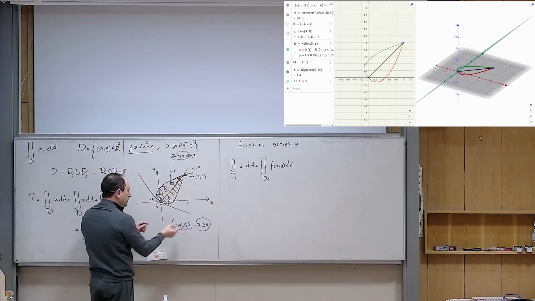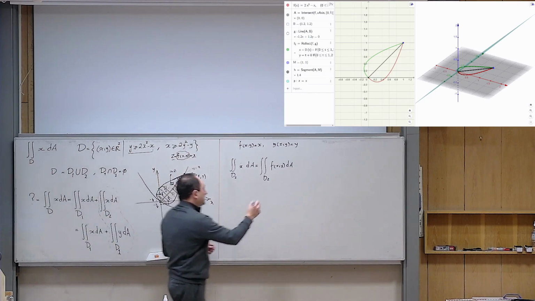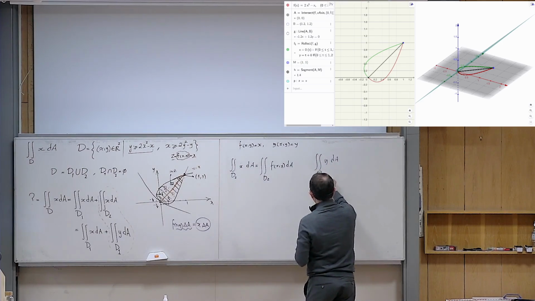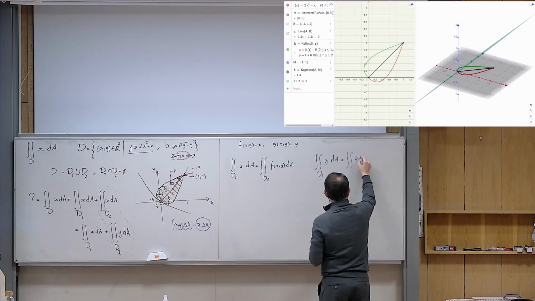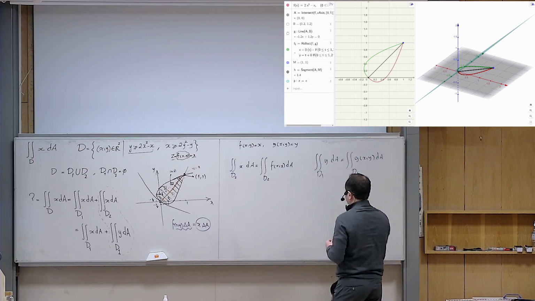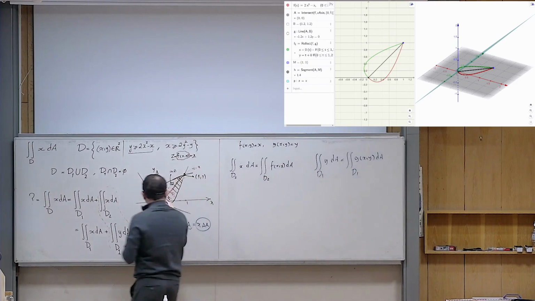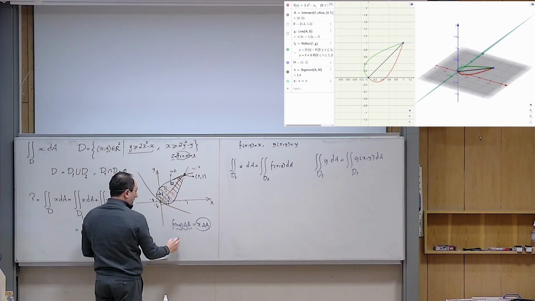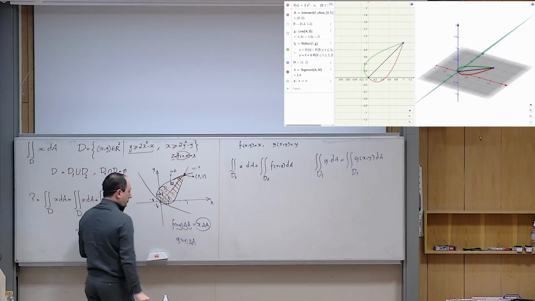How? For the second integral, so integral of y dA over D1, you can imagine this is g of x and y dA over D1, yes? So what we do now, again, I will start picking a point, any point, and then I calculate g of x and y of that point and multiply it by dA.